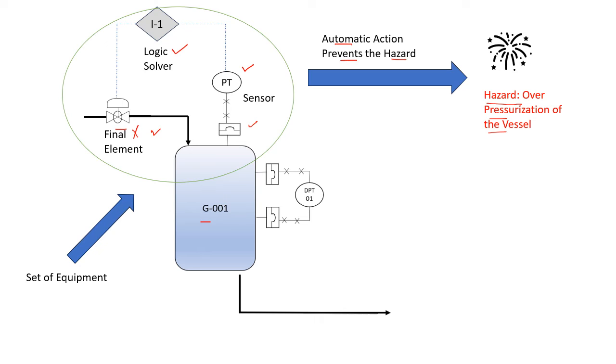So can we call this group of equipment a SIF? Yes, because it is a set of equipment. Yes, it is providing an automatic protective function. Yes. So both our questions or definition of the SIF are satisfied. So this should be called a safety instrumented function, right?